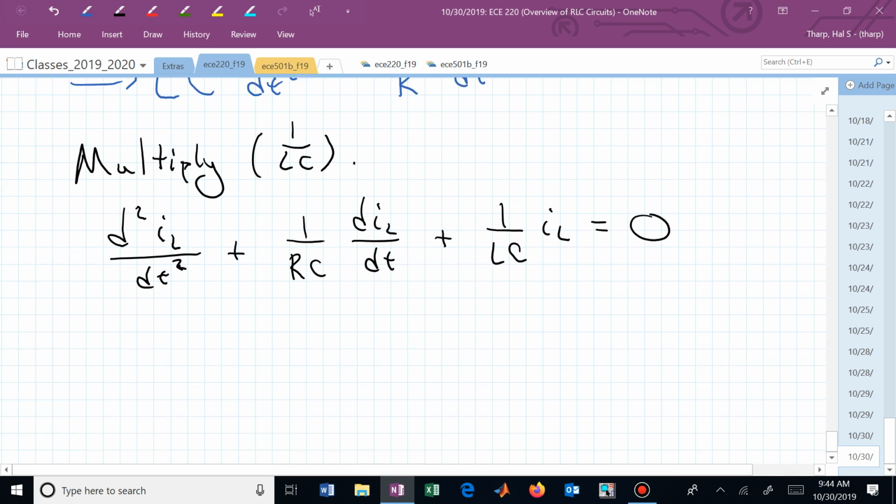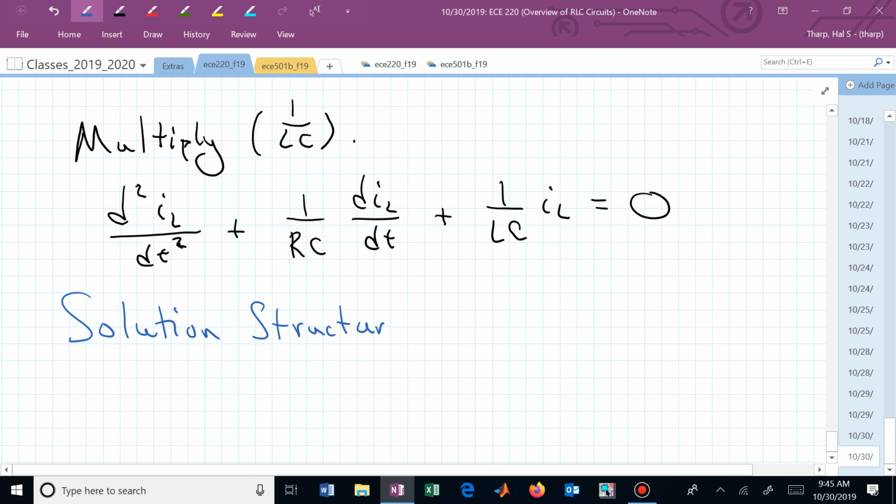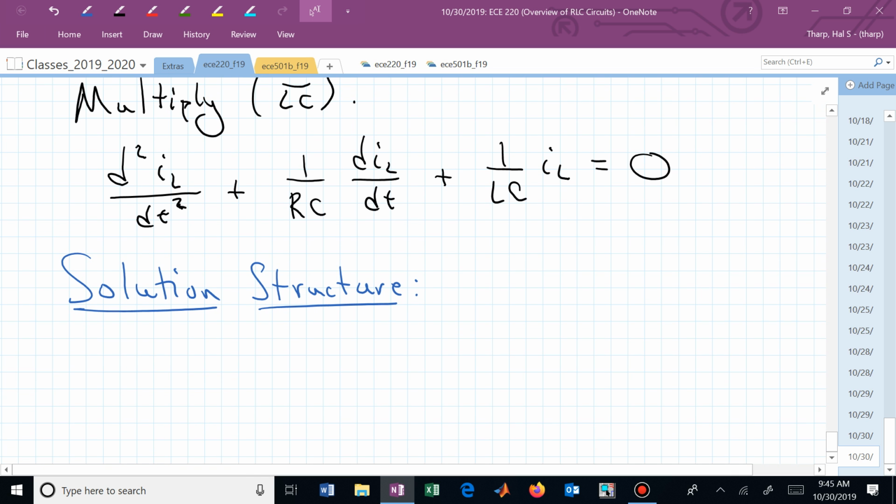Do we anticipate a structure for I sub L, what it might look like? Now we go back to the more general and we say, well, let's look at it as an exponential, where that exponential could be a complex variable.